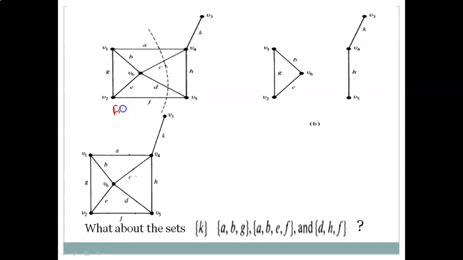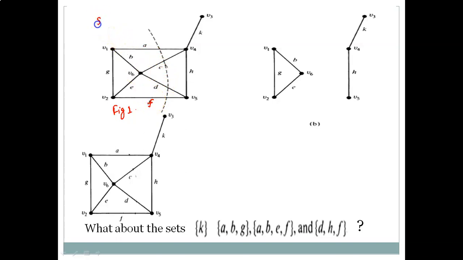Here we are calling this figure 1, and this is a graph in which we have to find a cut set. This dotted line, you see on which of the edges it is intersecting. We are keeping this dotted line on the edges A, C, D and F.